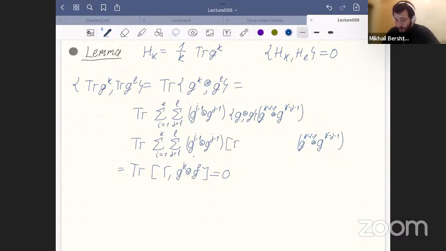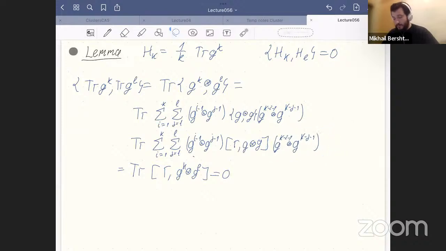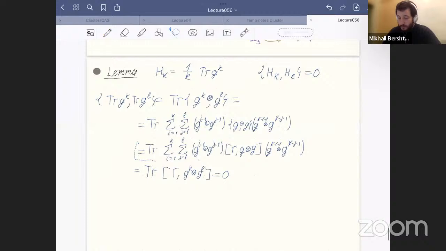At this point, I use the R matrix structure. And it is easy to see that this is, maybe up to some factors which I lost somewhere, a commutator of R and g to the power k and g to the power l. And the trace of the commutator is equal to 0. So we are done.